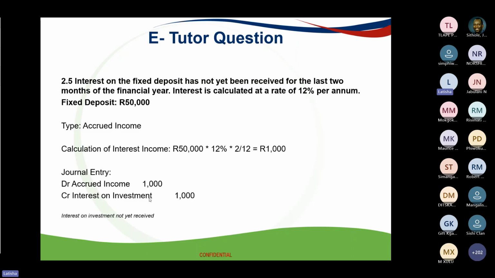But because we haven't received it yet, we debit accrued income, which is then an asset. You are right, you debit the asset and credit the income in the income statement. So this interest income would be the opposite of an expense. Okay, I've got it. Thanks.